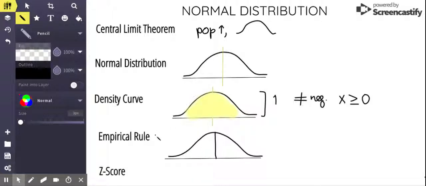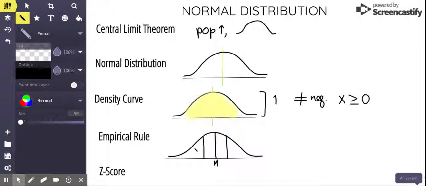So what the empirical rule states is that for the normal distribution, the data falls within these three categories. I'm going to label this M, which can be implied as the mean, median, and mode. Then that's going to be within one standard deviation.